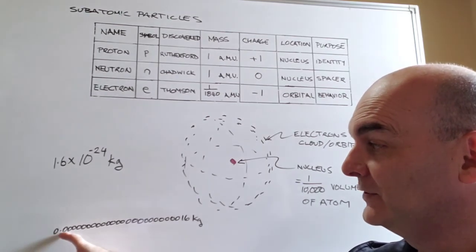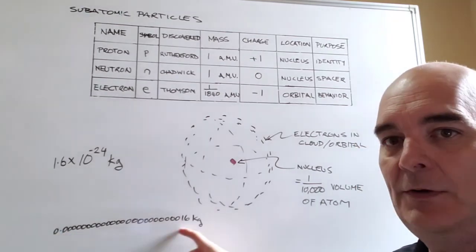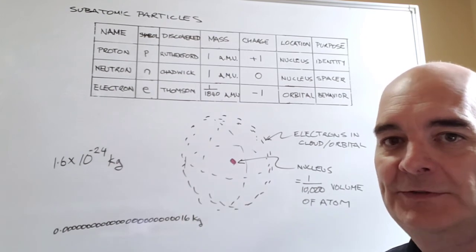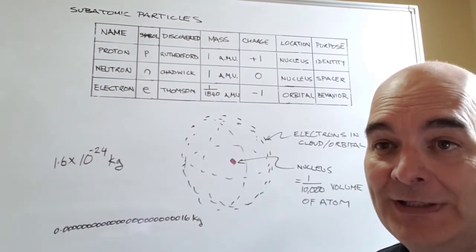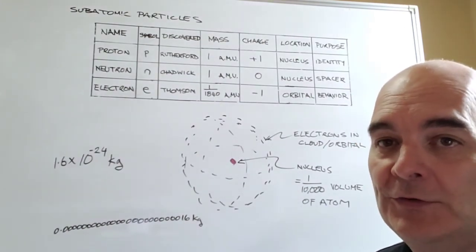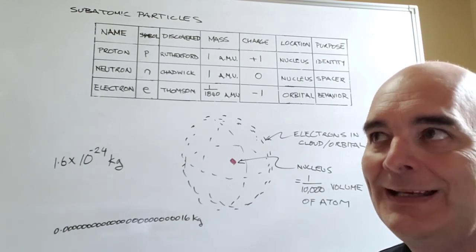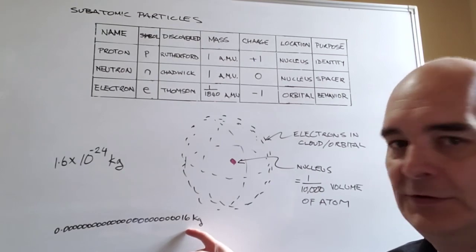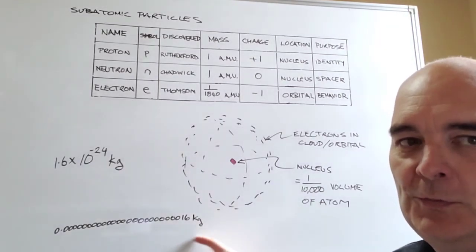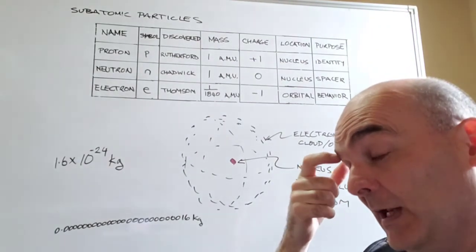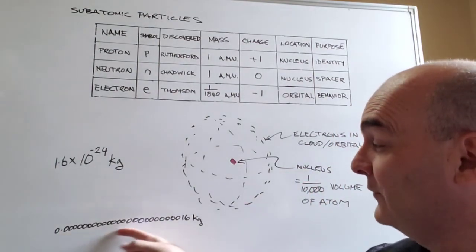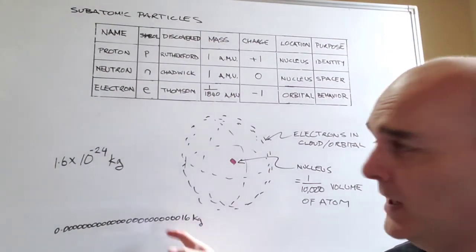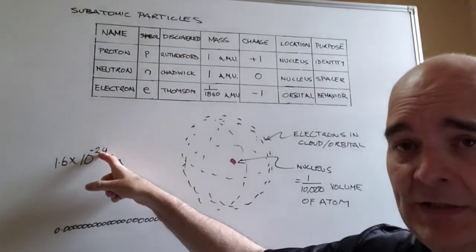So 0.0, all of these zeros, 1.6. That's the size of a single one of these protons and neutrons, subatomic particles. Really, really tiny. And we cannot be writing this out. This is too long, won't fit in a calculator. And if you have to write all those zeros, you're more likely to make a mistake, which is why we use scientific notation.